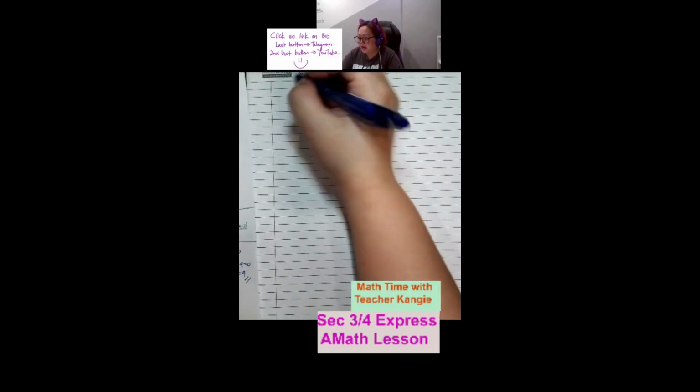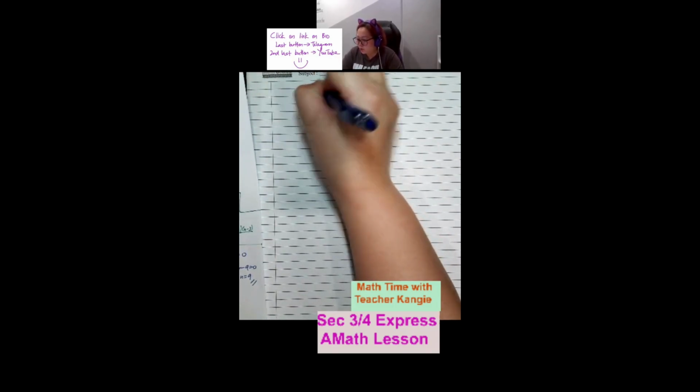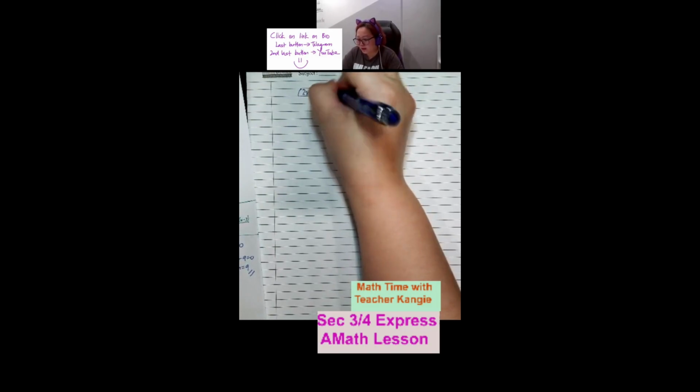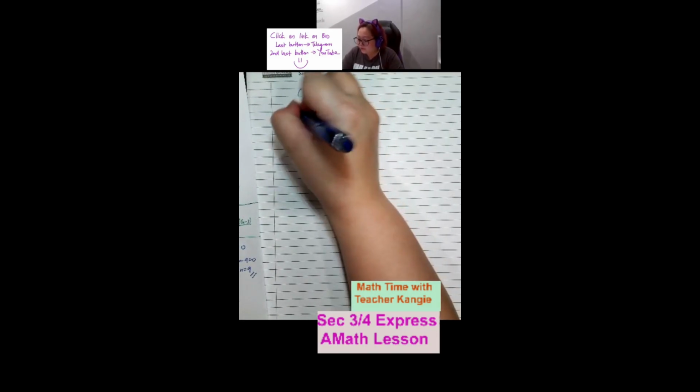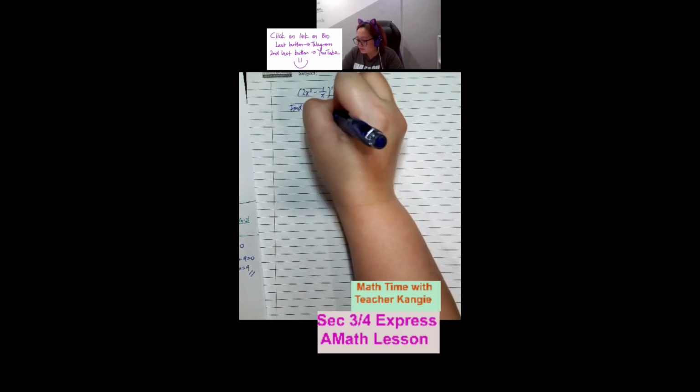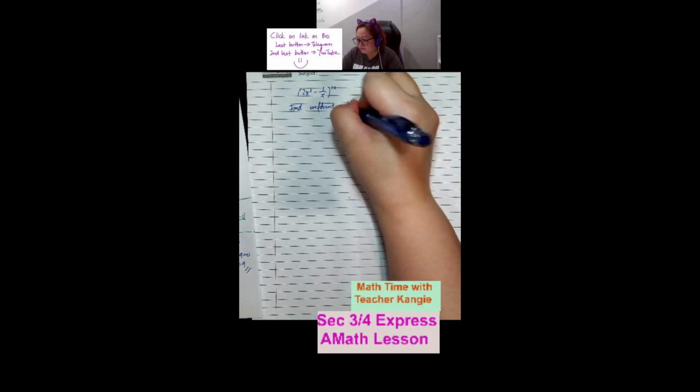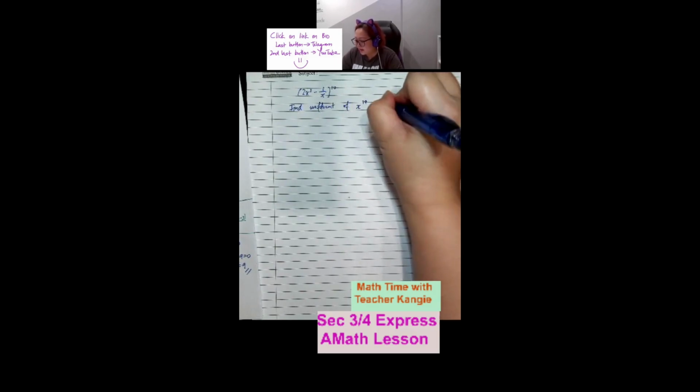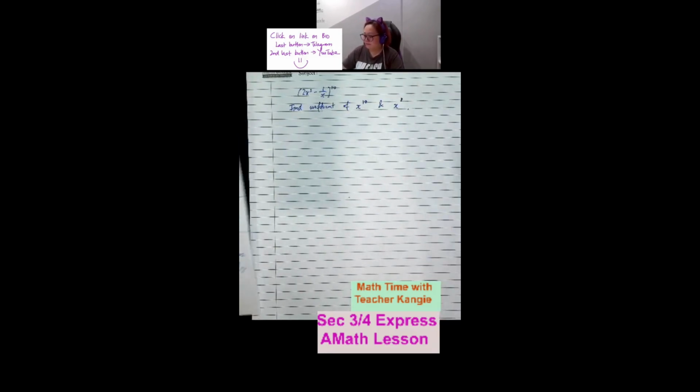But what if, let's say, for this 2x squared minus 1 over x to the power of 10, you want to find the coefficient of x to the power of 14 and x to the power of 8? Because there are times when you need to find out which is the term that gives you the x to the power of something that you are interested in.